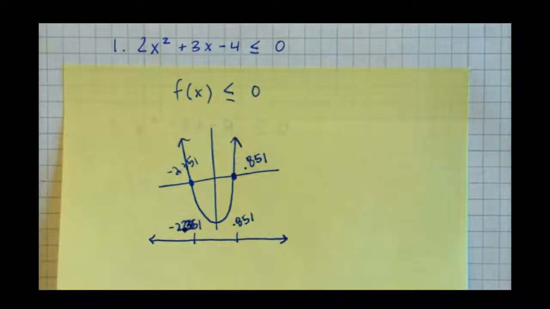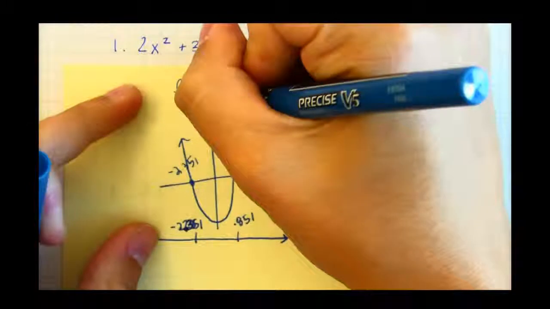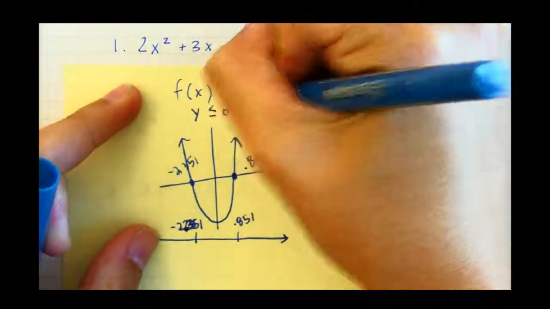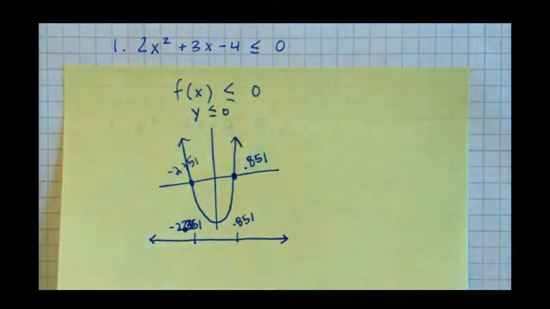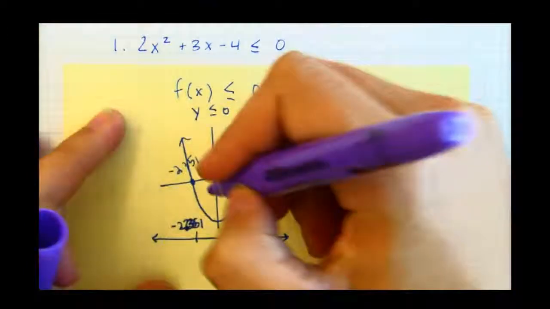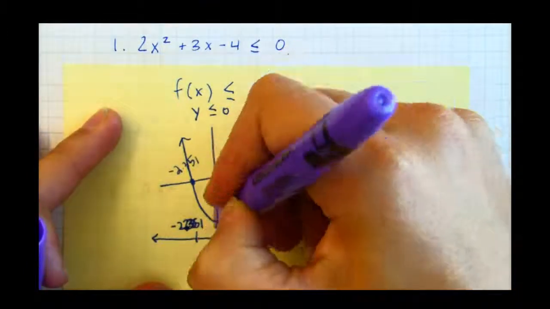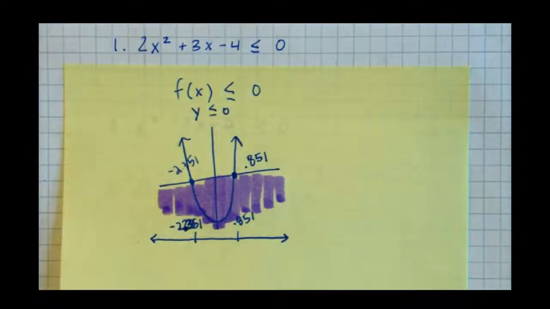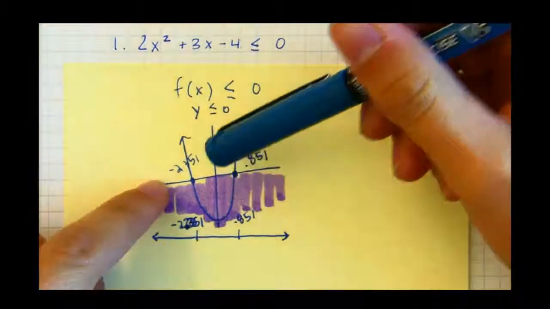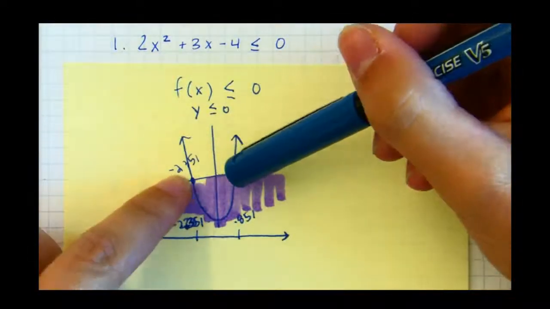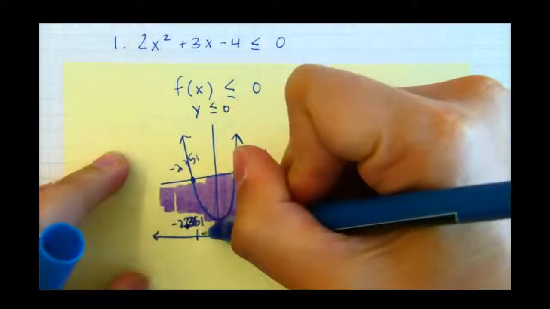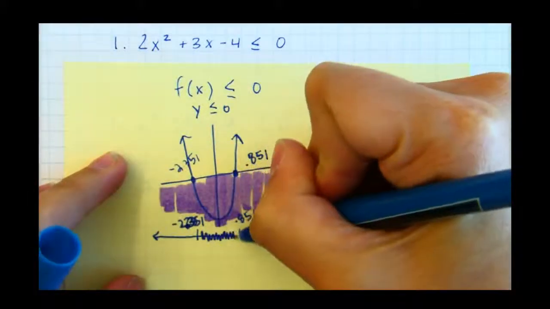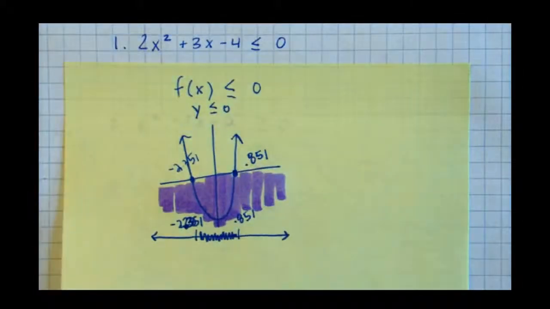I'm looking at where f of x, or where my y values, are less than or equal to 0. So y is less than 0, that's everywhere underneath my x-axis. And the section of my graph that's in between, or that's in that highlighted section, is in between these 2 values. So I'm going to shade on my number line the values in between.